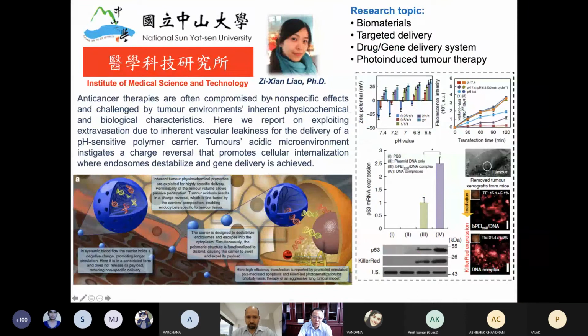And Professor Liao, she is doing biomaterials, using viruses to do drug delivery. So she developed a drug delivery system based on the virus, and also photo-induced tumor therapy. So Professor Yang and Professor Liao also do some animal models to test the cancer therapy.